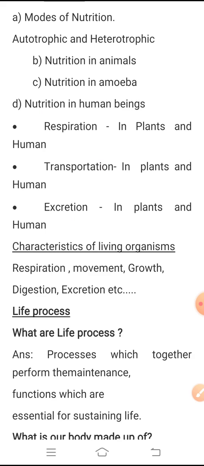Fine. So now, to perform all these activities or processes, living things need food. Each and every organism requires food. Why do living organisms need food? As I already discussed, there are a lot of activities taking place inside the body of a living organism, and we are going to discuss them in detail.